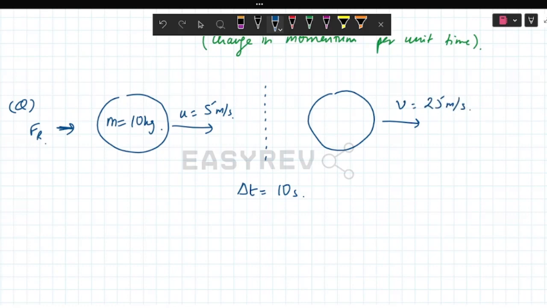So I repeat, the situation is this: you have a mass of 10 kg initially moving with a velocity of 5 meters per second, and then after a resultant force is exerted, it has a new velocity of 25 meters per second, and the time duration during which this change in velocity has occurred is 10 seconds. So the question is, what would the resultant force be?